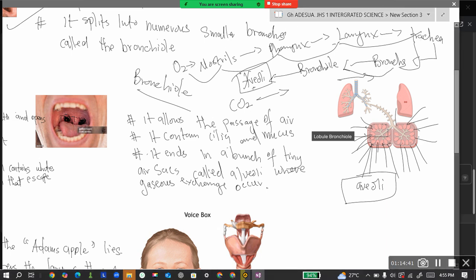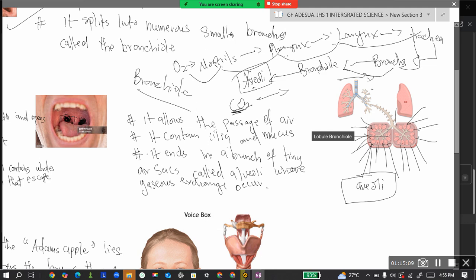When we are breathing in, the oxygen moves from the nostrils to the pharynx, to the larynx, to the trachea, to the bronchus, to the bronchioles, to the alveoli. When we are breathing out, carbon dioxide moves from the alveoli to the bronchus, to the trachea, to the larynx, to the pharynx, to the nostrils. Then we breathe it out. Anytime you breathe, this is what happens. You see how complicated it looks?